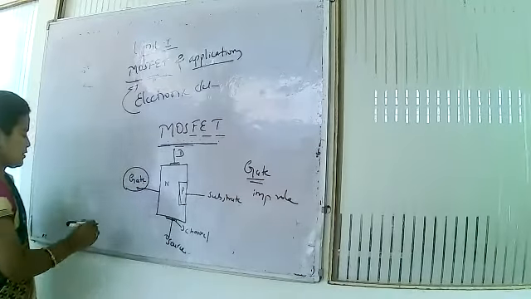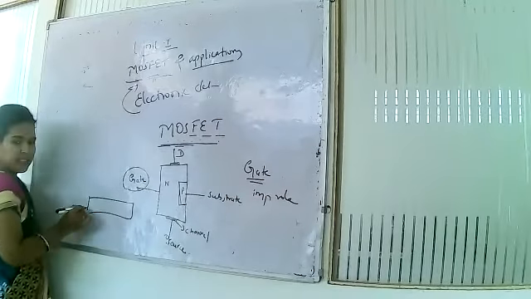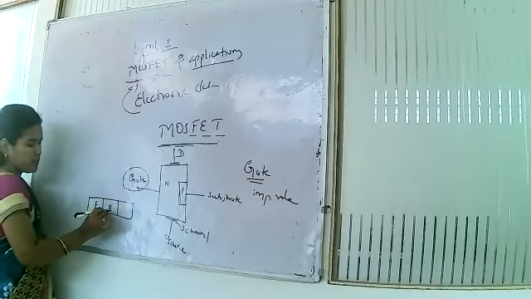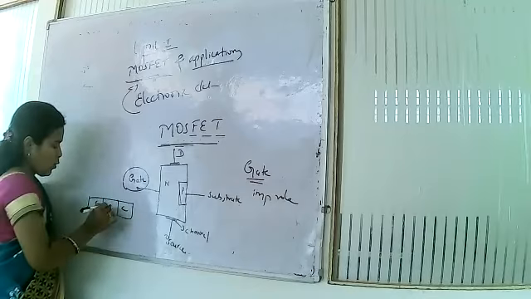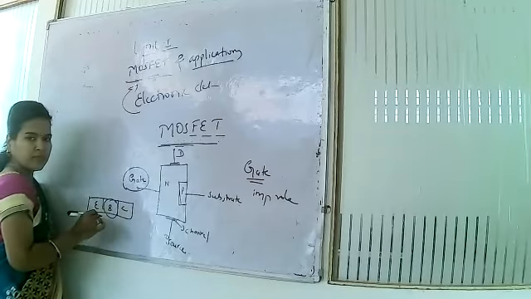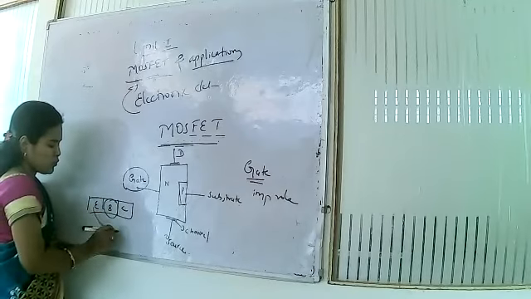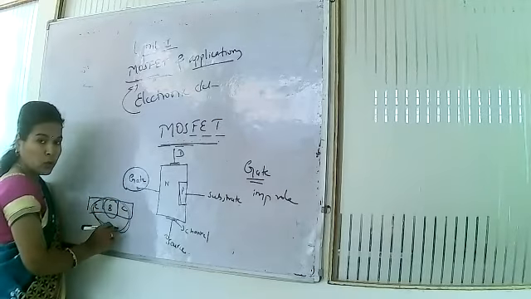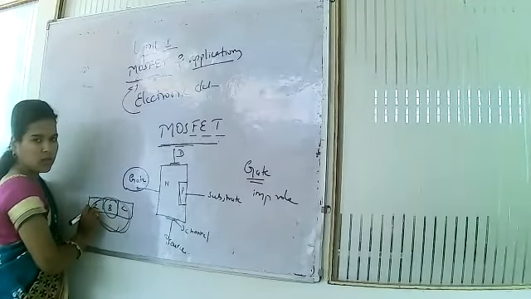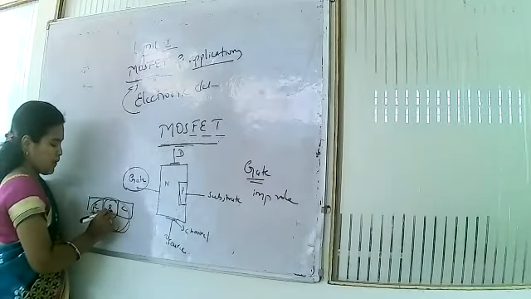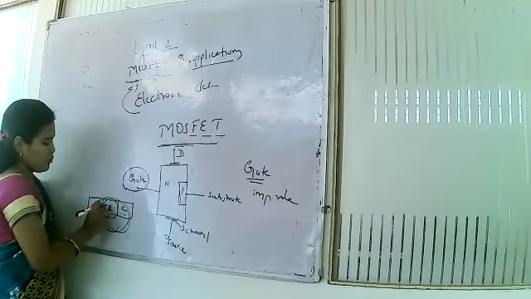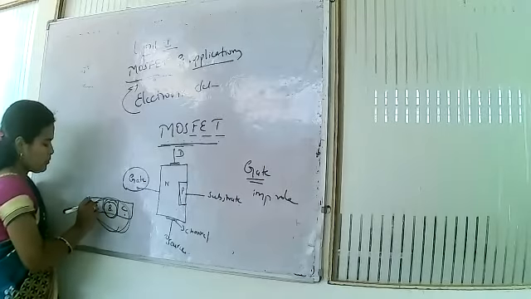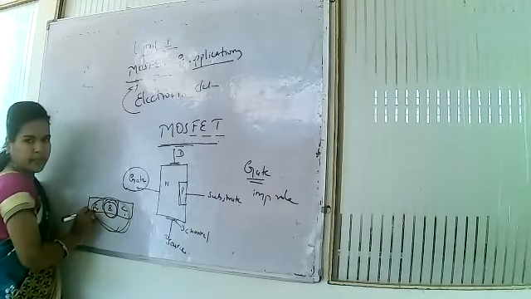In the diploma, you already studied the transistor. It contains emitter, base, and collector. What is the role of the base? We control the flow of the electrons and holes between the collector and the emitter.